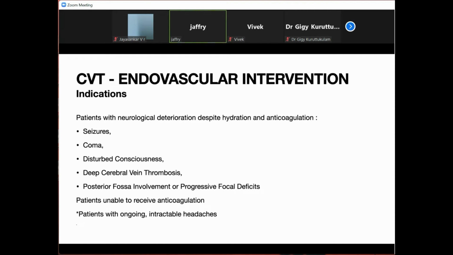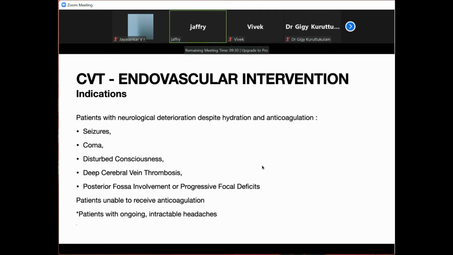So coming to CVT, endovascular interventions of CVT, there are many indications as per the book, but patient selection is important while considering endovascular intervention in CVT. The case series and case studies put forth the patient population to consider for endovascular intervention: the one who is on adequate medical management, despite which they are getting recurrent seizures, coma, or disturbed consciousness, deep cerebral vein thrombosis, as I told earlier, then posterior fossa involvement or progressive focal deficits, and patients who are not able to receive anticoagulation, maybe because of a recent major surgery.